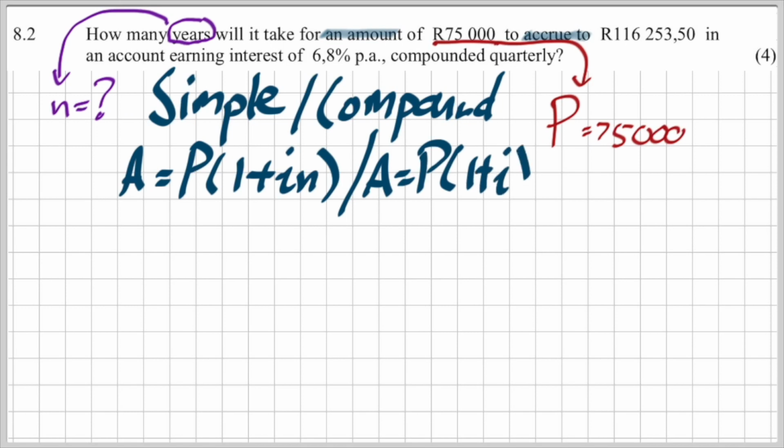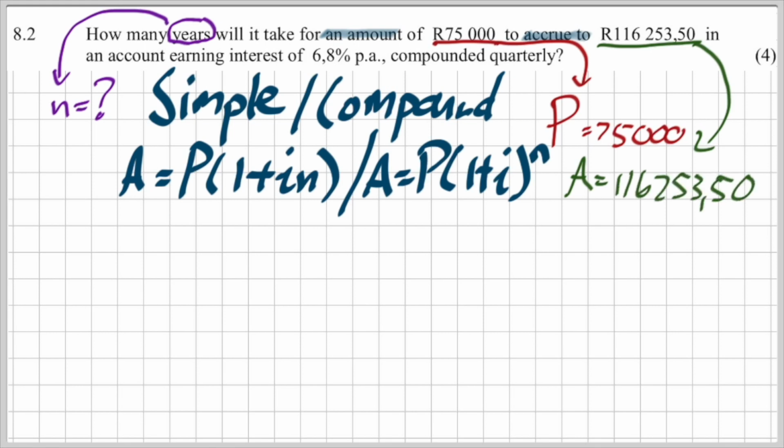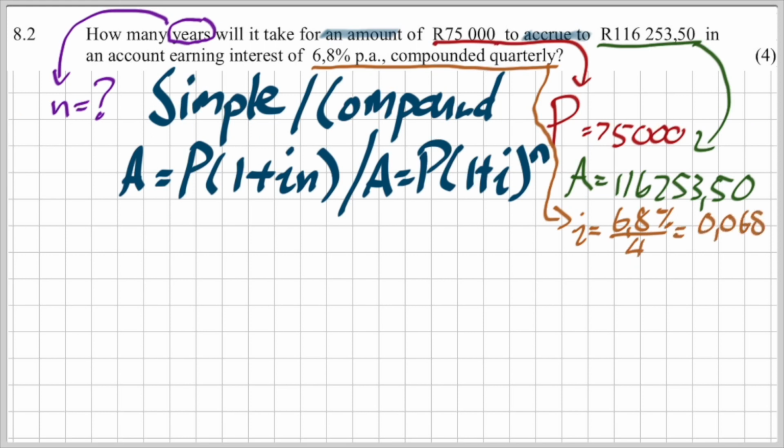Now, I don't know which formula yet, but they give me the A value as well. So automatically my spidey sense is tingling, because they give me the interest rate is 6.8% over 4. So 0.068 over 4.